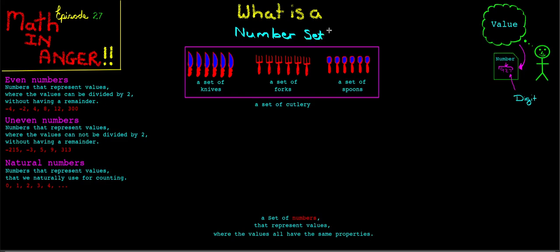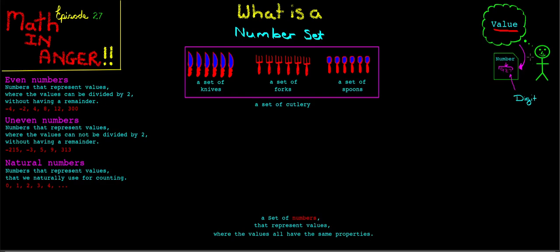Before we do though, I need to remind you that back in episode 2 I showed you that a value is the thing you are thinking of. A number is what you write. That is how you communicate the value that you are thinking of.